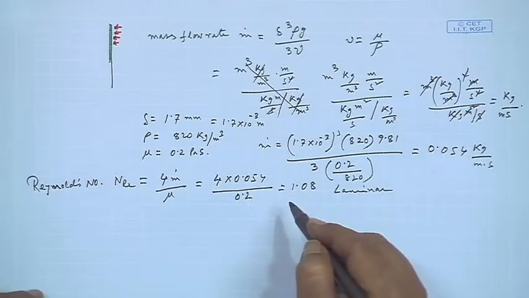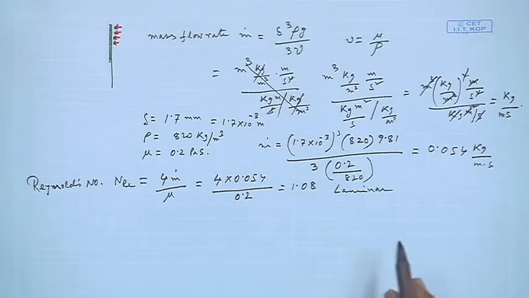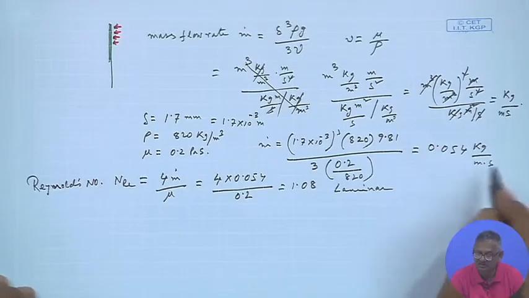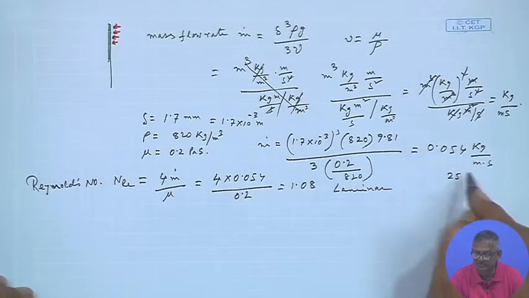If you remember, we said with ripple and without ripple. If it is without ripple, then the Reynolds number is less than 25.